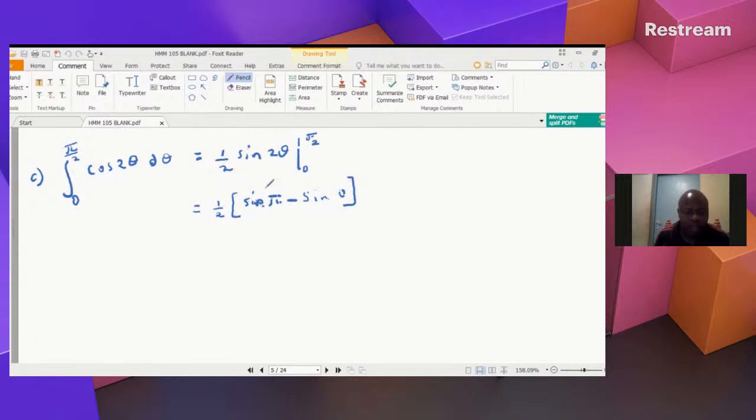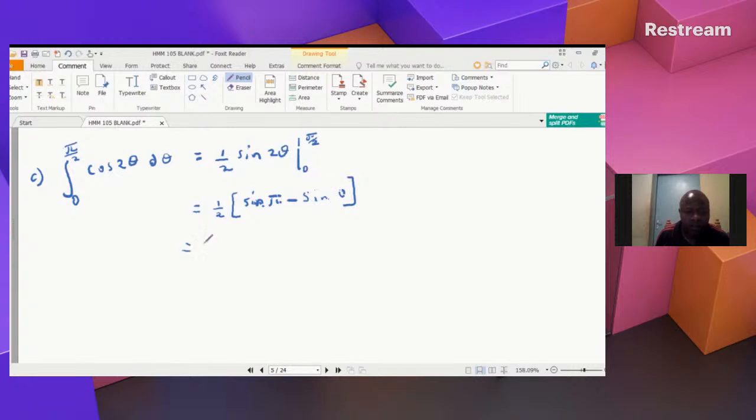And inside, I now put sine of 2 theta, but instead of theta, pi out of 2. Pi out of 2 times 2 will give me pi, minus sine of 2 theta, where theta is 0, that would be sine 0.